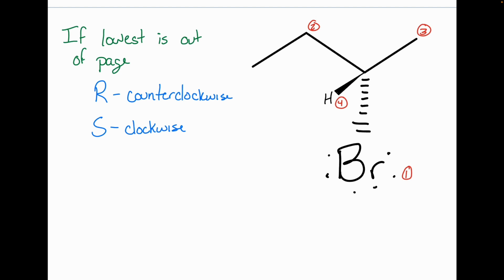You could redraw your molecule and do it that way, but again, that's an easy way to make a mistake. It's easier to just say, oh, I need to flip this, let me flip my rules around. That way we can see that we go in this clockwise direction, but because the lowest priority group is pointed out of the page, we have the S configuration.